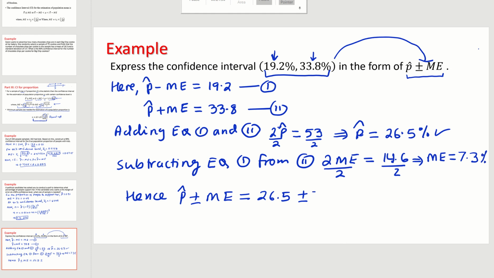So plus or minus 7.3. This is all in percentage. So we changed the interval given in this form to that form. Okay, so that is the third and the last example from this video.